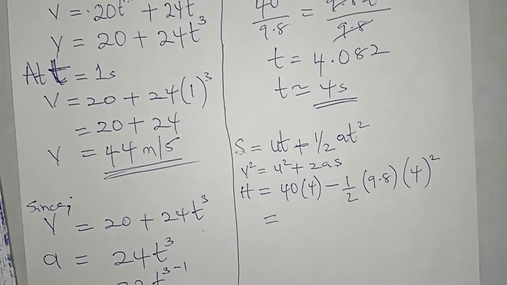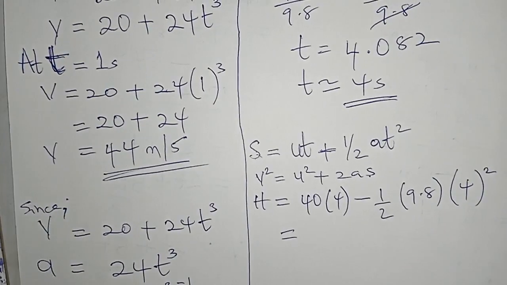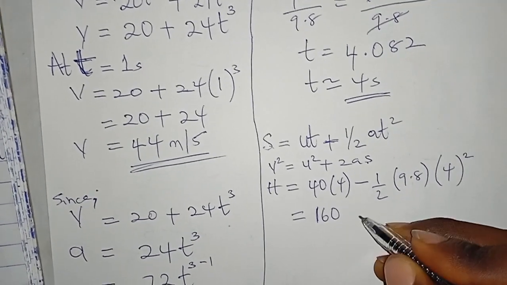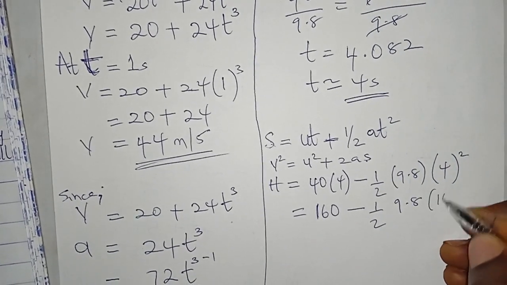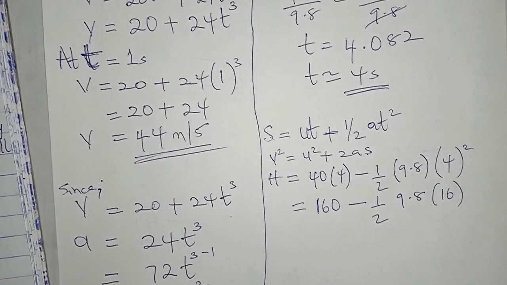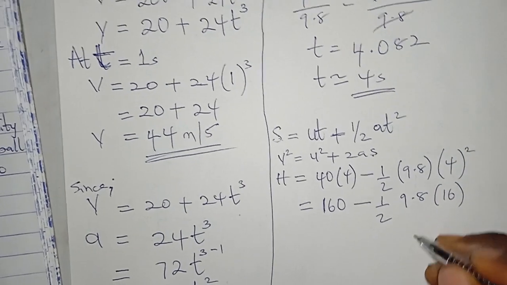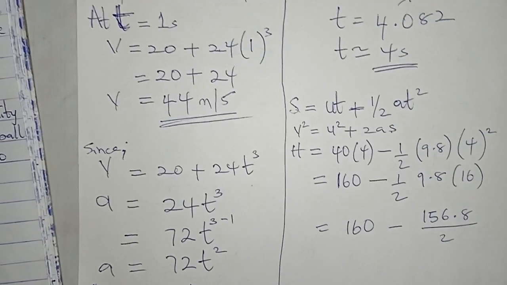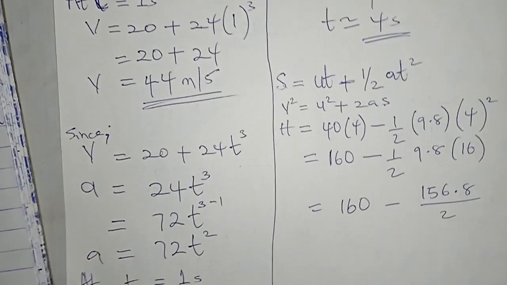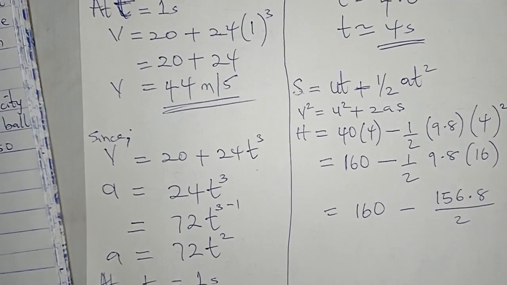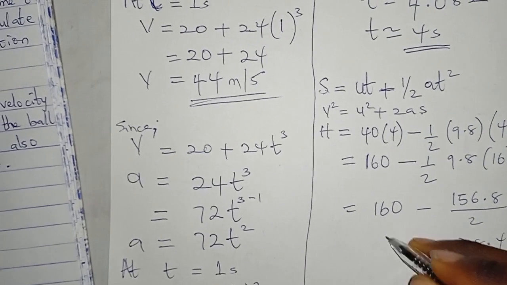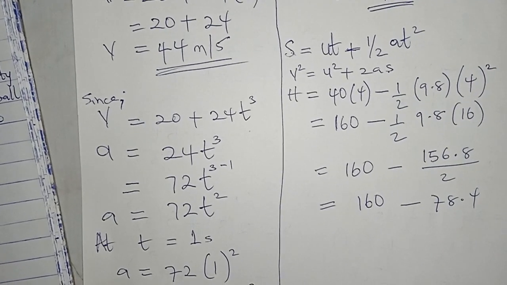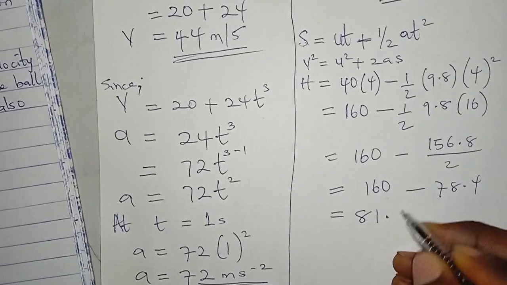I now have 40 times 4, which is 160, minus half of 9.8 times 16. 9.8 times 16 is 156.8, all over 2. 156.8 divided by 2 gives 78.4, minus 160. So 160 minus 78.4, I get 81.6 meters.